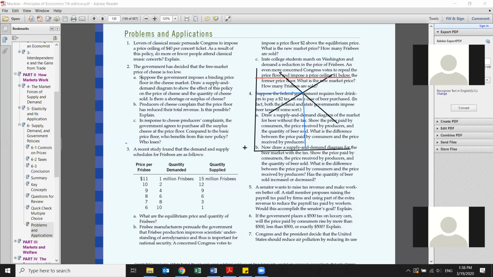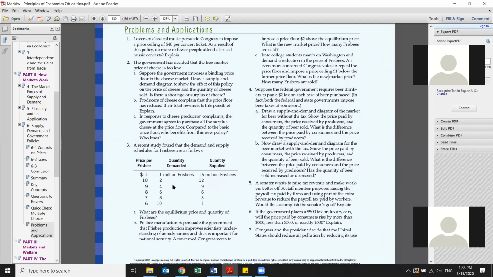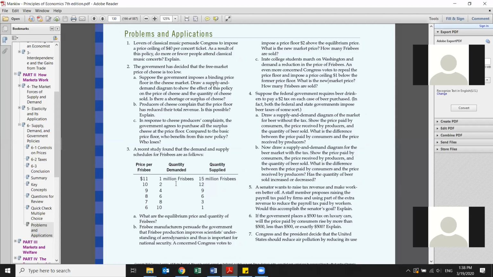How many questions do we have here? There are 3 questions, A, B, C. Do it on your paper and send it by WhatsApp.